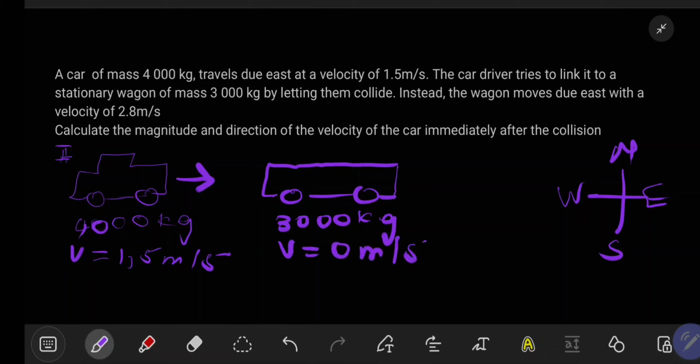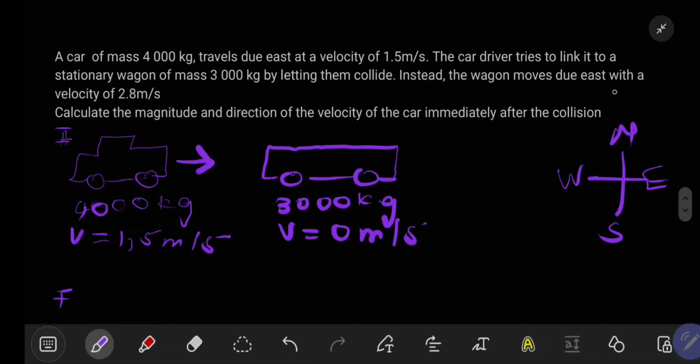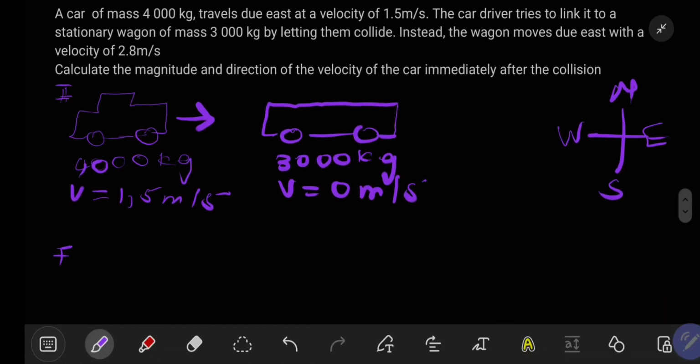This was the initial stage. On the final stage, we know that the wagon moves due east with a velocity of 2.8 meters per second, so the car and the wagon collided.